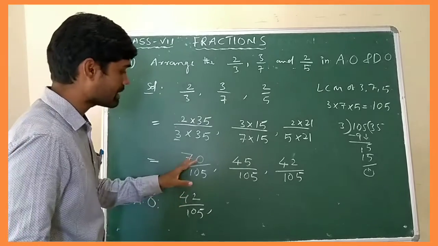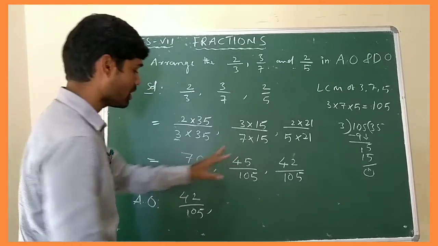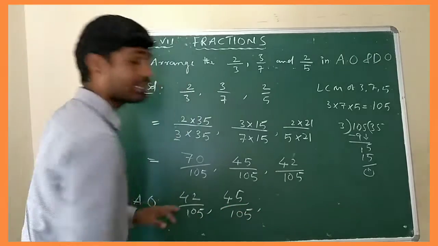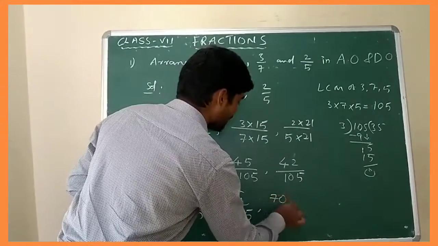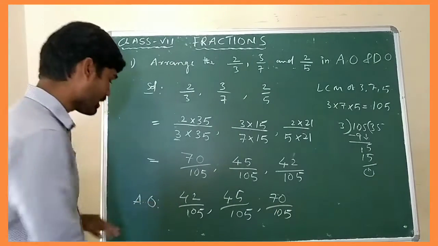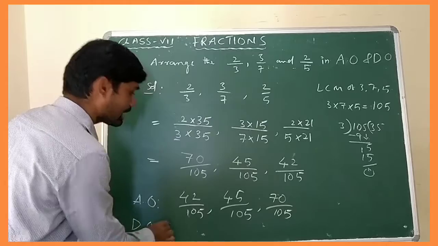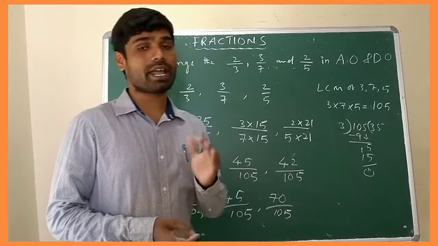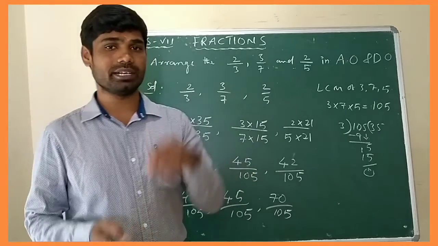The second one, 45 is the smaller, so 45 by 105. And the last, 70 by 105. This is the way you can write ascending order, and for descending order you write from 70 to 42. This is the way to write fractions in ascending or descending order.